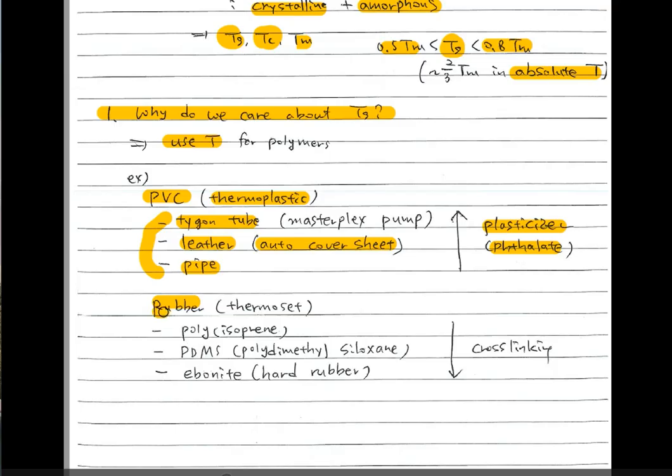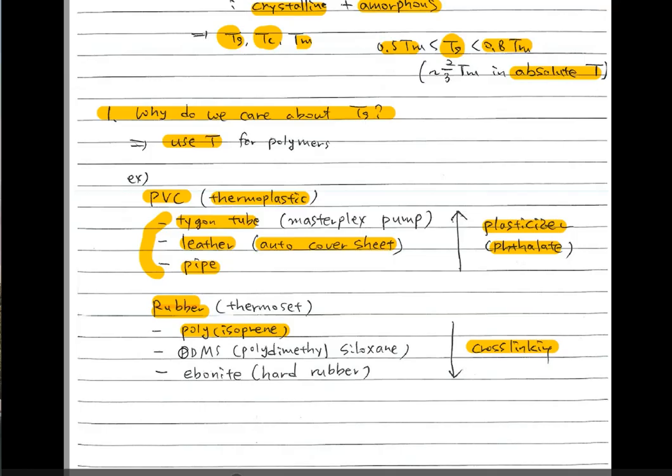Similarly, if you look at the rubber, an example of the thermoset, as you have learned before, rubber is lightly cross-linked polymers. And as you increase the degree of cross-linking, for example, polyisoprene is very flexible rubber.